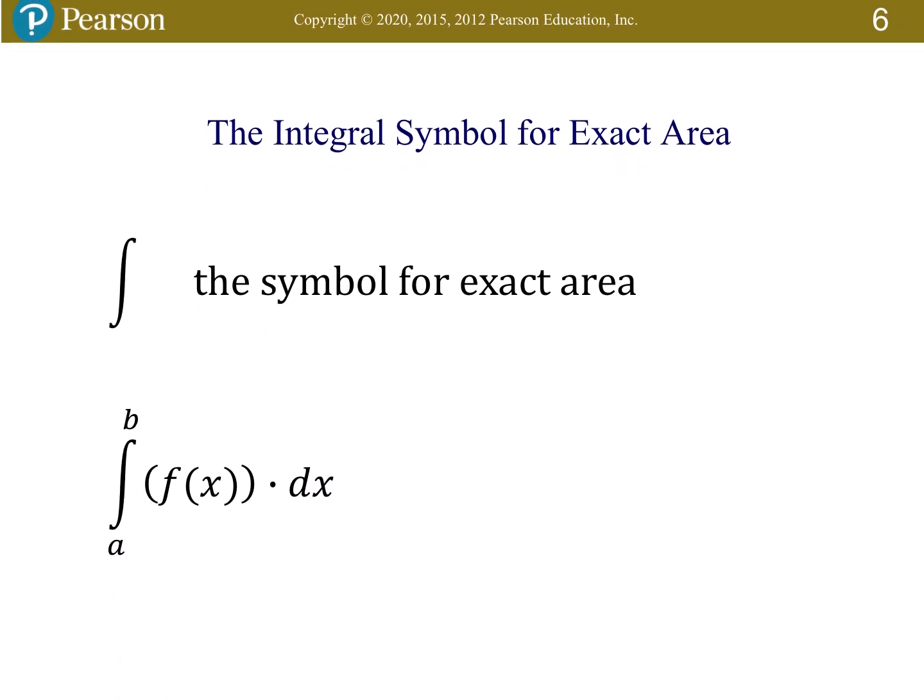As we are moving towards getting more and more exact, we introduce a new symbol. Now, some of you were asking about this symbol earlier. This elongated sort of an S symbol is said as the integral symbol. That's the word for it, okay, integral.